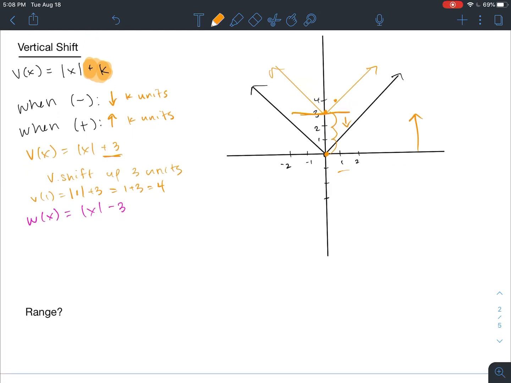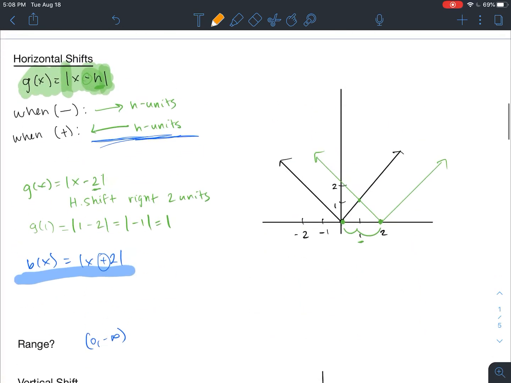And so what we say is that the range is from 3 to infinity. And we use this closed bracket right here because we include 3 in our solution set. 3 is included in here.